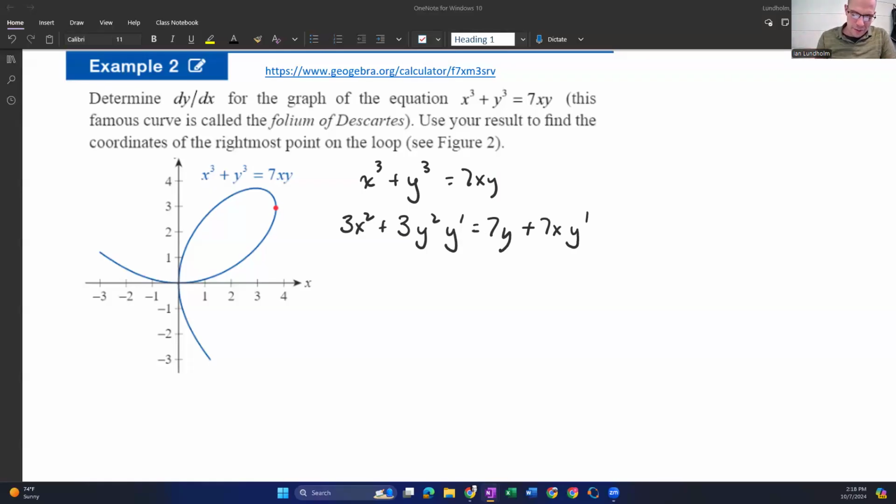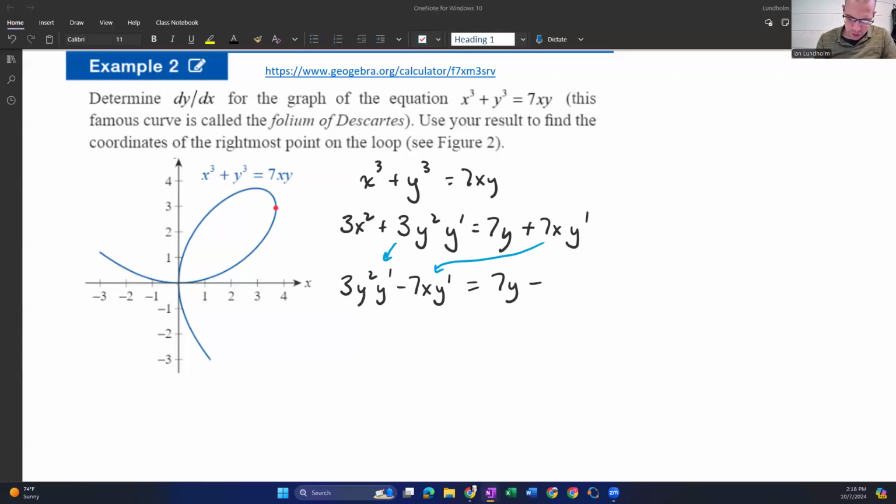Let's go ahead and leave 3y squared y prime on the left-hand side, and let's subtract 7x y prime. So that's coming from the right-hand side. And on the right-hand side, let's leave 7y alone.